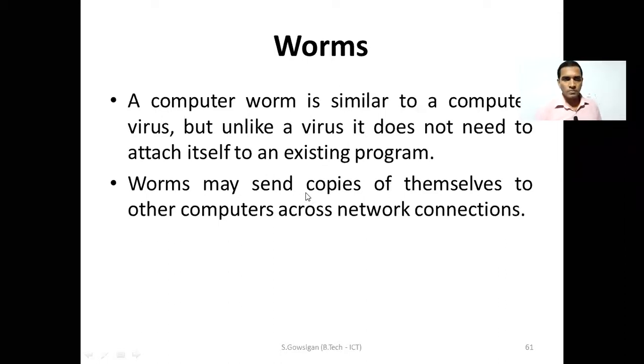I told you that a worm is more harmful than a virus because it always focuses on computer networks, because it has the ability to stay alone. It doesn't need any other program. So when a worm comes to your computer, it can identify the computer networks.